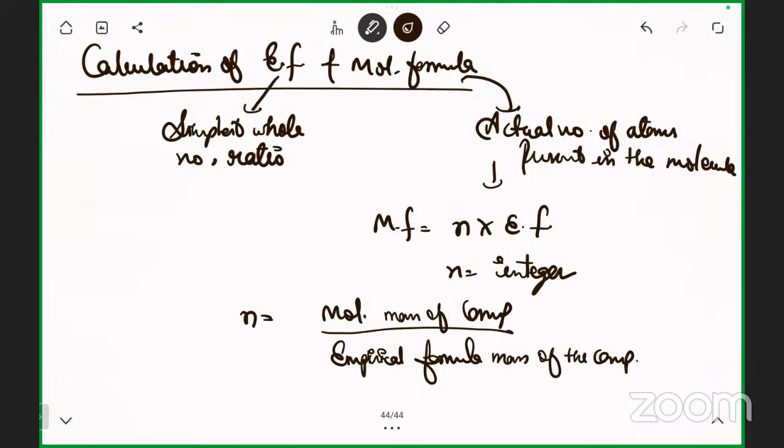In some cases you can write 2 into vapor density, since sometimes vapor density is given in the question, divided by the empirical formula mass. So just remember this, and let's start with the question.